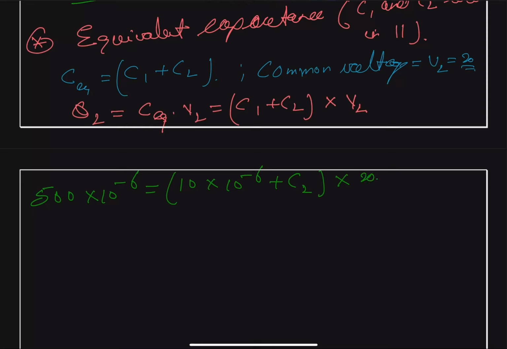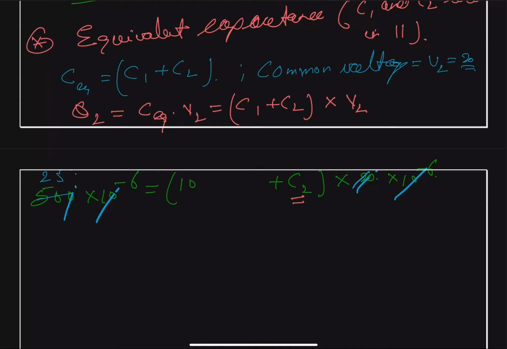Therefore we can solve this, and let us suppose that the value of C2 is also in microfarad. Therefore we can take this as common, and this will be 10 to the power minus 6. So this 10 to the minus 6 cancels, 10 to the minus 6, and this 0 goes by 0, and 250 goes by 25.